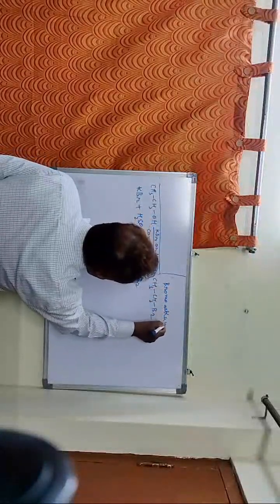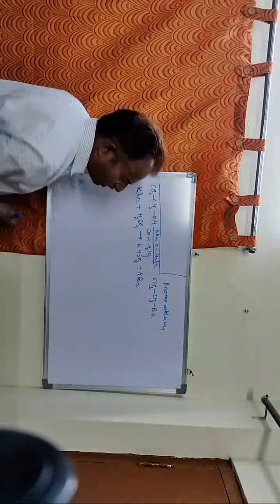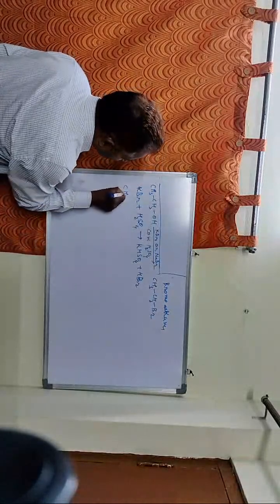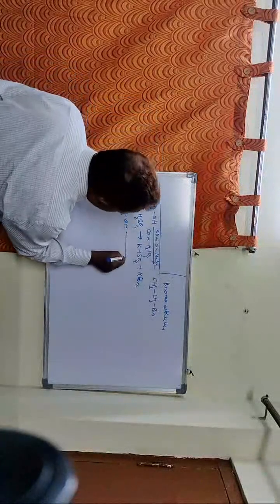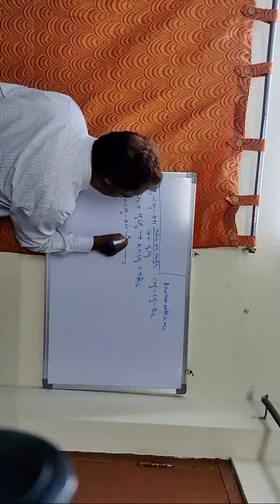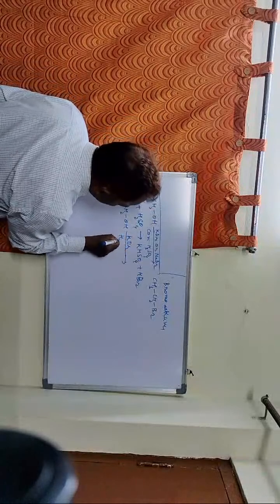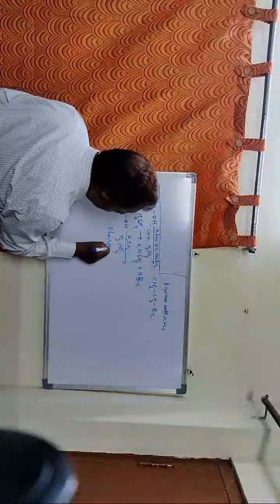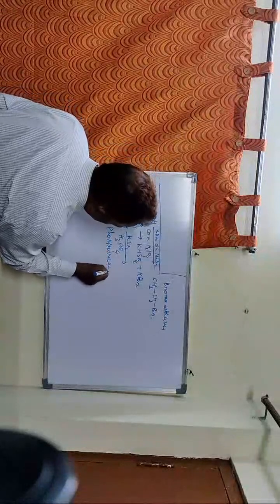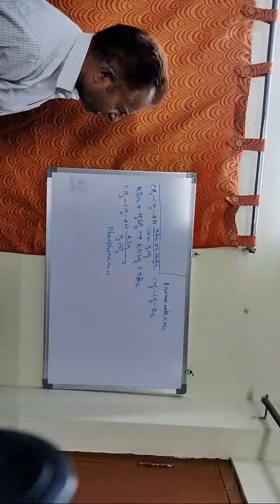This is bromoalkane. How do we get iodoalkanes? CH3CH2OH in the presence of KI plus H3PO4. We use phosphoric acid.